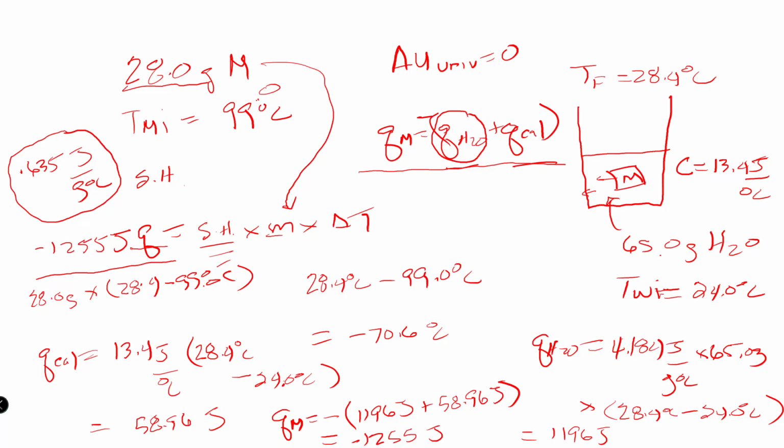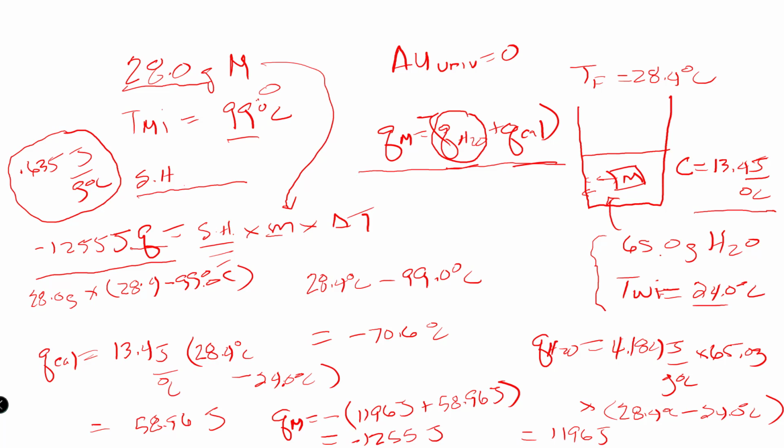All right. So let me just say again what you're doing on all these problems. You're collecting the information that's in the problem here and here and here, and then you know the metal slug is at a higher temperature than the water initially. And so the heat is going to flow from the metal to the water, and then from the water to the calorimeter.